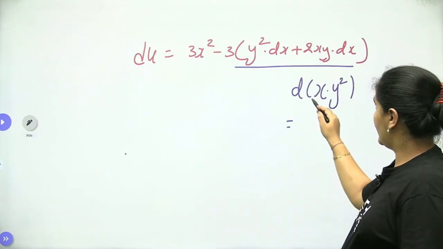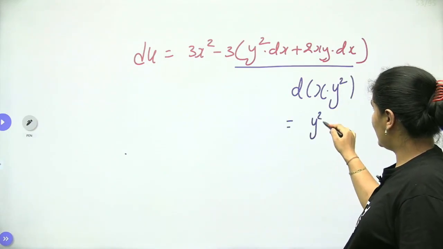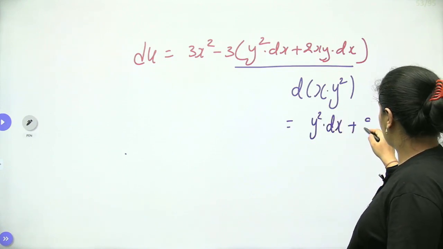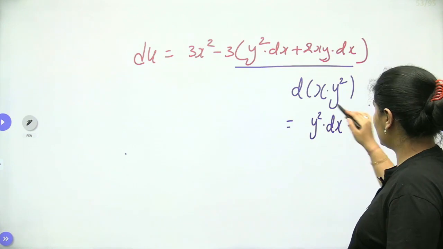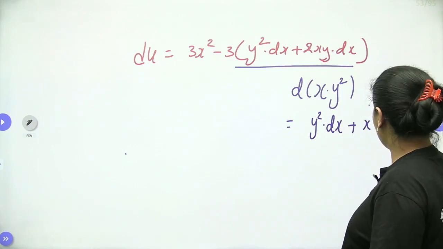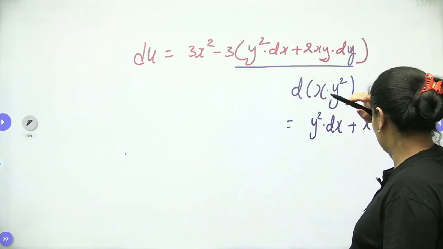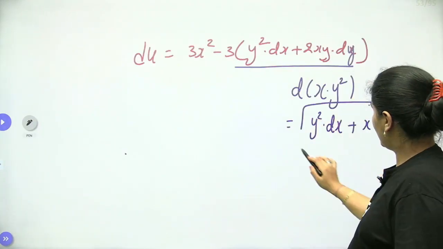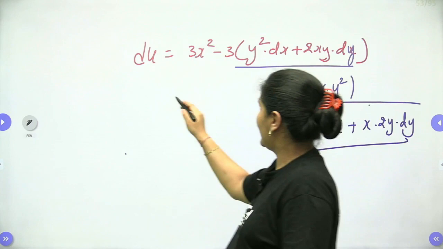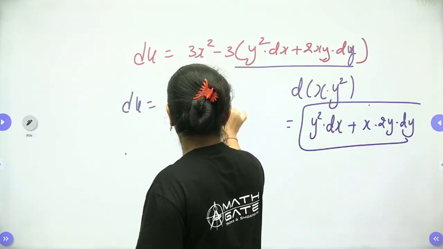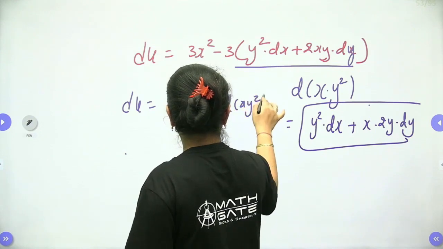When we differentiate, y square stays as it is and the derivative of x is dx. Then x stays as it is and the derivative of y square is 2y dy. So in place of this we can write du equals 3x square minus 3 into the derivative of xy square.